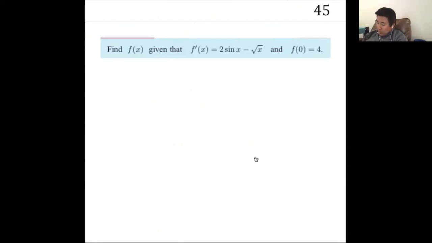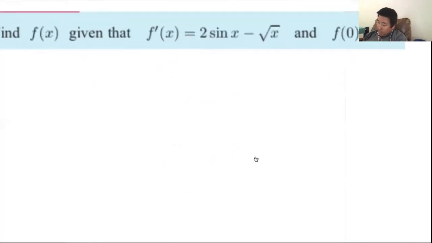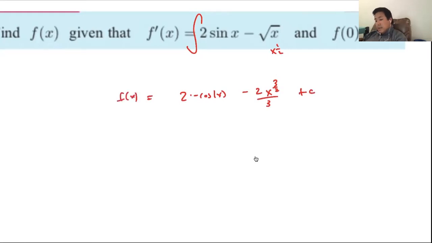Okay, so the integral of this is 2 times negative cosine of x minus, this is x to the 1/2, so it's x to the 3/2 times 2 over 3 plus c equals f of x. Plug in 0 for x, equal to 4. So 4 equals 2 times negative cosine of 0 minus 2 times 0 to the 3/2 over 3 plus c.